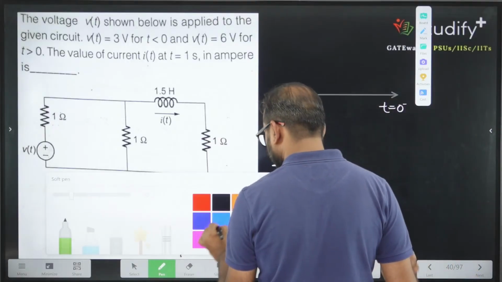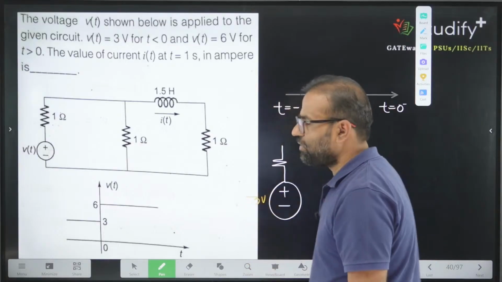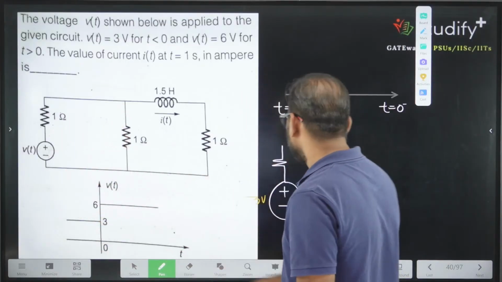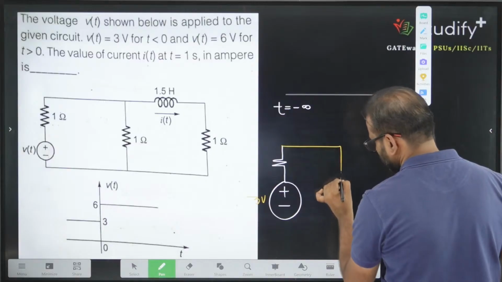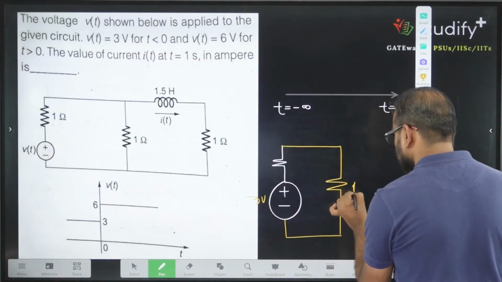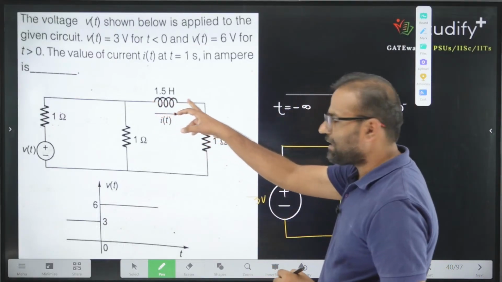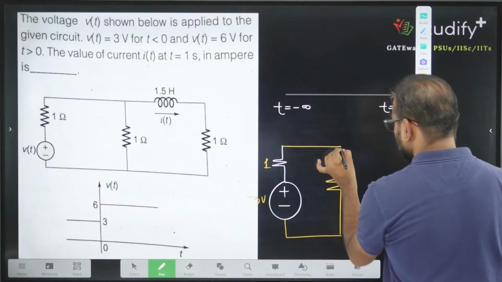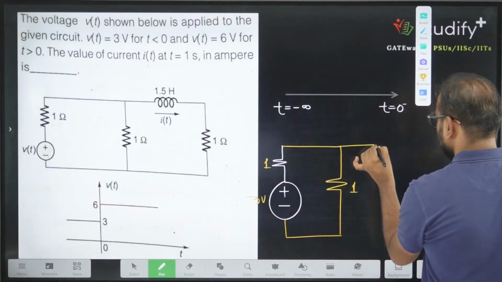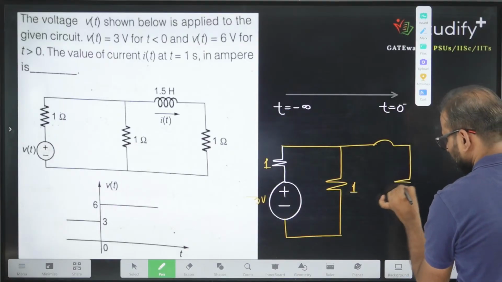What is the voltage at t less than 0? It is 3 volt. This is 1 ohm. This is also 1 ohm. This is also 1 ohm. And this inductor will act as a short circuit. If the inductor acts as a short circuit, this resistance is also 1 ohm.